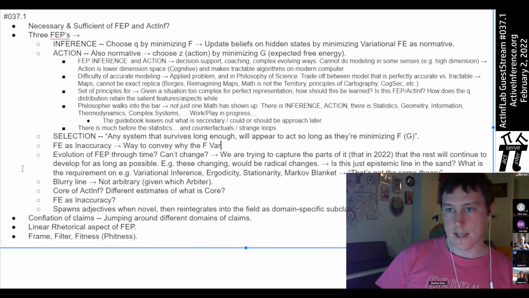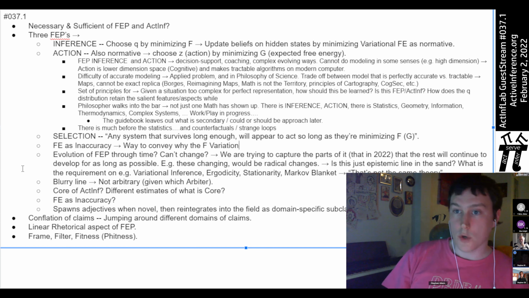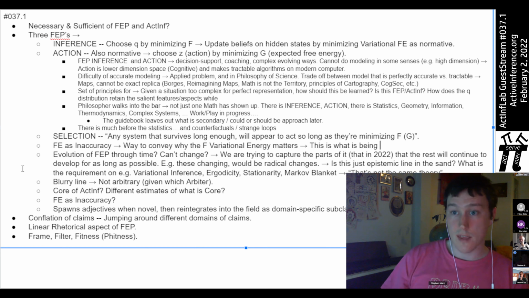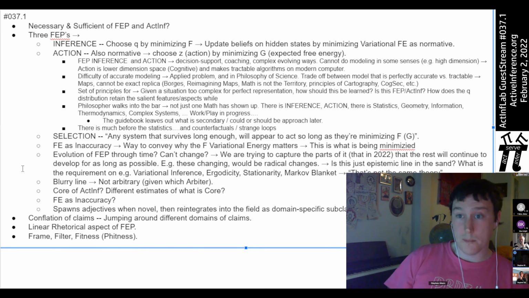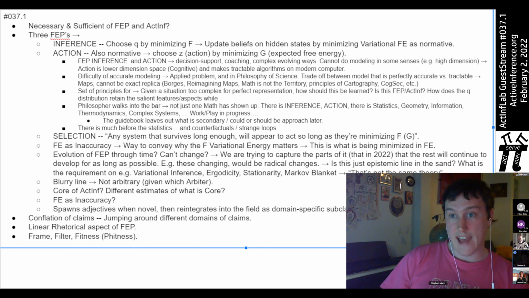Well, suppose that I tell you that in order to do inference, what you ought to do is minimize variational free energy. You could very well say, why? Why should I care about minimizing this thing? And then if I tell you, oh, it's the measure of the cost of inaccuracy in belief, then you immediately say, okay, I understand why I would want to minimize that, because I want to maximize my accuracy. So very simply put, it's a way of explaining why we should care about F. It's a measure of inaccuracy.